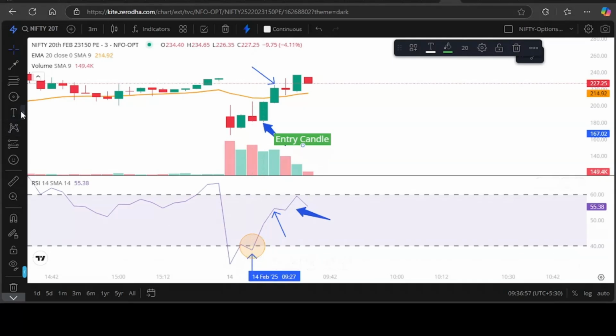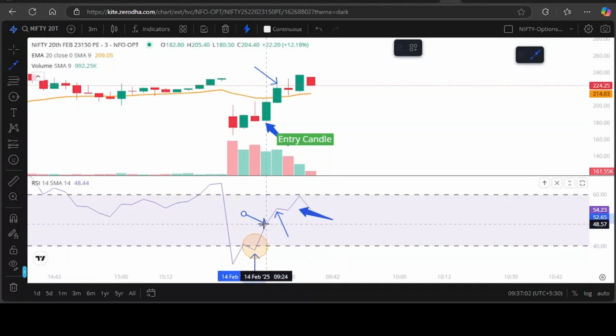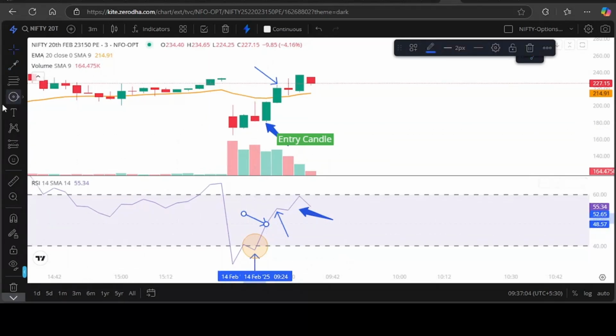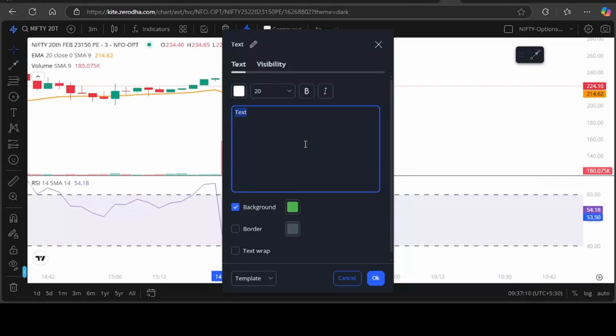Right, and let me mark the RSI also for you, because of which I considered that as an entry candle. Entry point, or I would say entry signal.